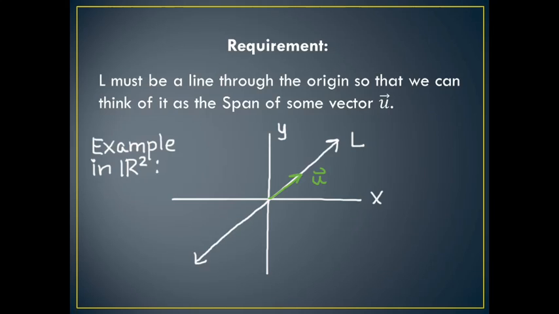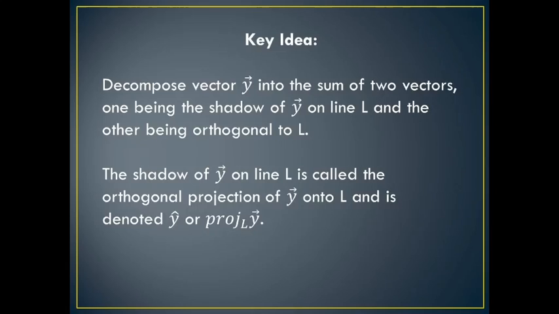Okay, now that we have our requirement, let's go to the actual orthogonal projection section. So the key idea of the section is that we're going to decompose vector y into the sum of two vectors, one being the "shadow."